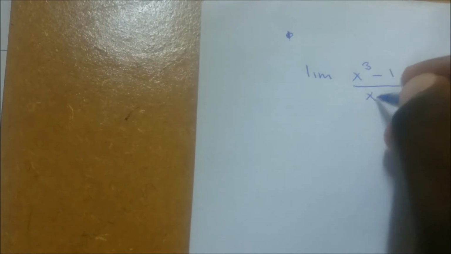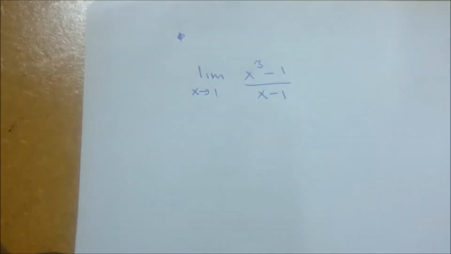So these examples were for the substitution method. Now let me give you something interesting. We have the limit of x cubed minus 1 over x minus 1 as x is approaching 1.